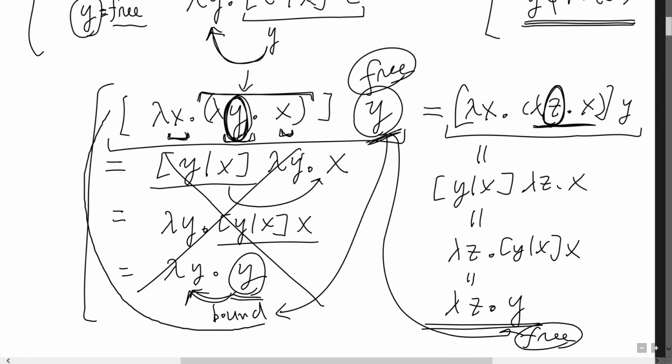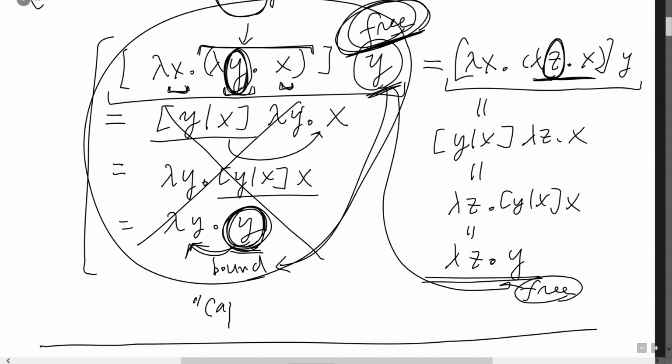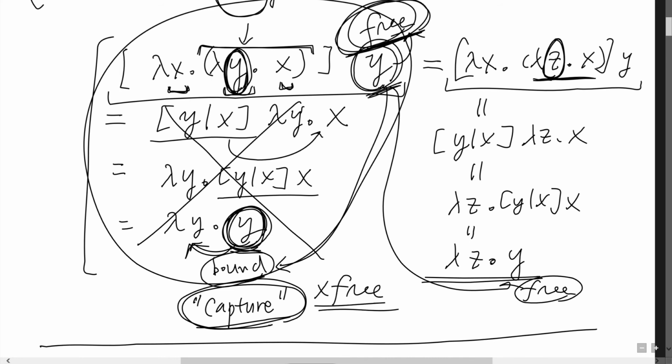So in this wrong example, what happens is that this variable y, which was free in the beginning, suddenly is bound. And this phenomenon is called capture. So figuratively, this variable y was free, but now it was captured, and it is now bound. It's no longer free. So this phenomenon is called variable capture.